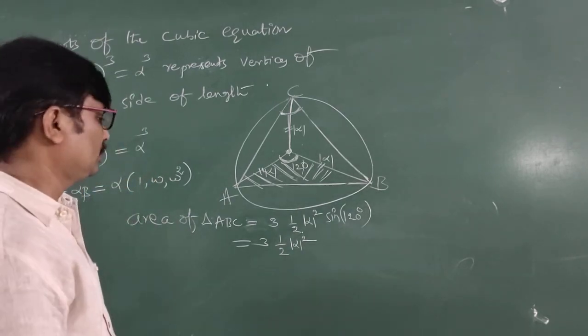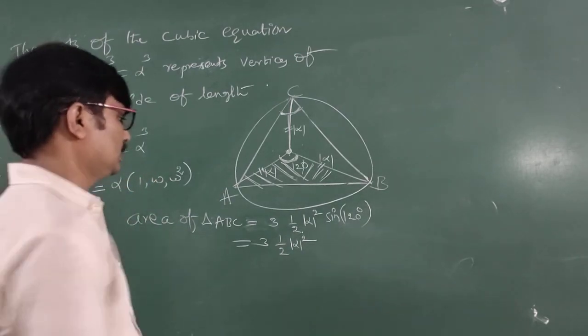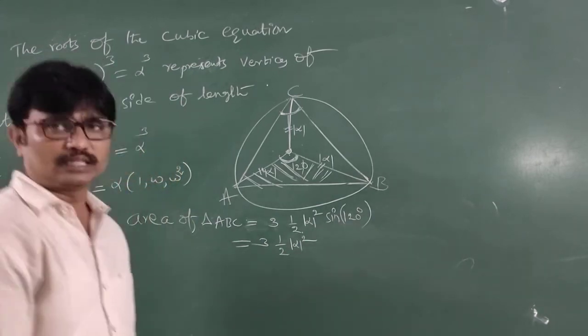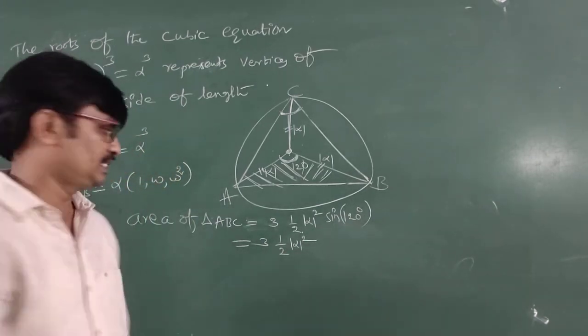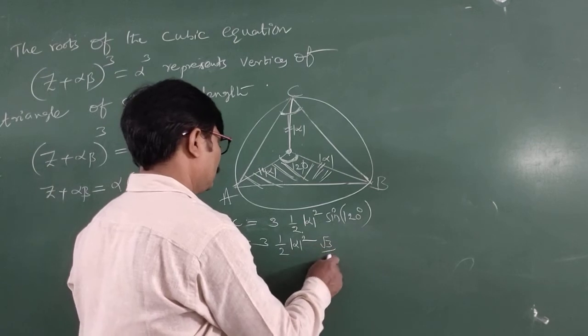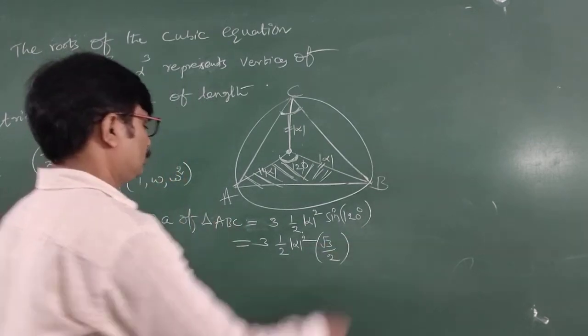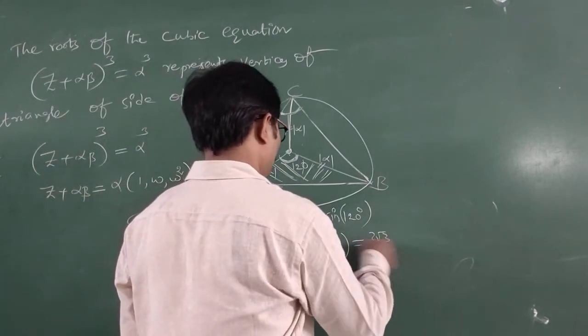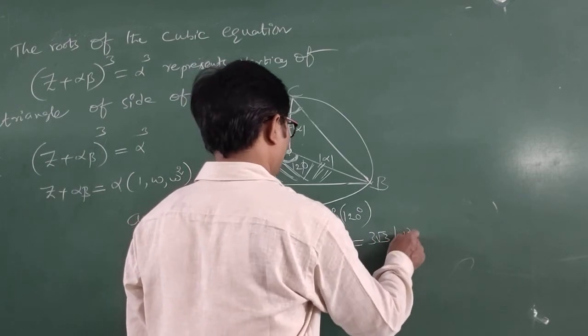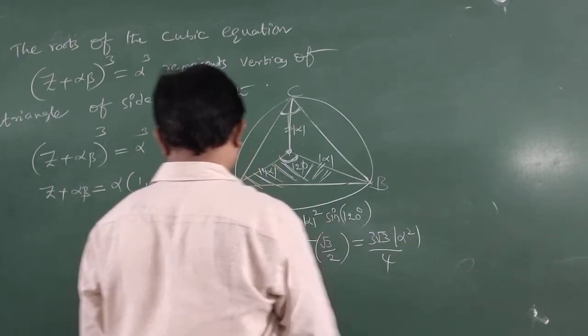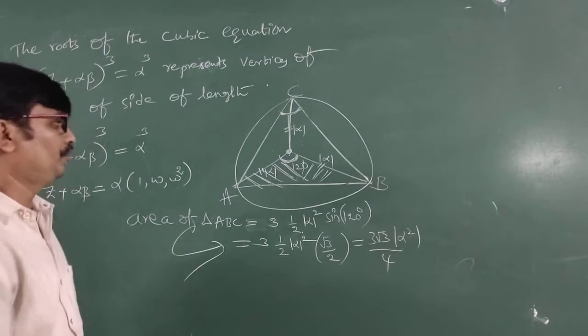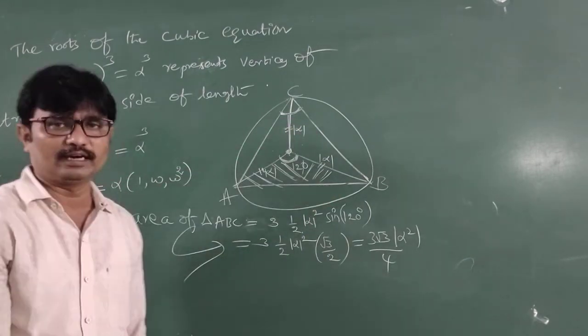The sin of 120, that is sin of 180 minus 60, is root 3 by 2. So this is 3 root 3 mod alpha square by 4. This is the total area of the equilateral triangle.